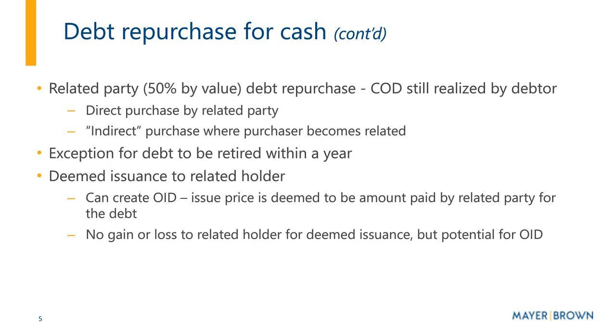Something that you probably would pick up on, but not necessarily so. If you have a related party debt purchase, then the debtor can still recognize a cancellation of indebtedness income. So, for example, that would be where a subsidiary of the debtor buys back the debt. It also applies where there's an indirect purchase, and then the purchaser becomes related.